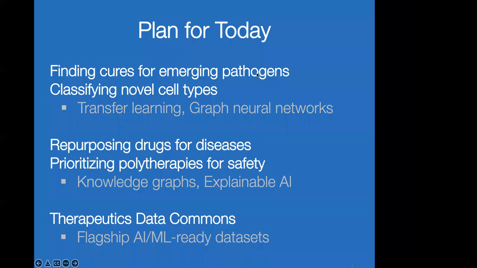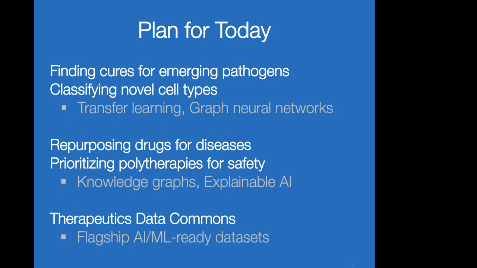The plan for today is to cover three broad topics. First, I will talk about the advances in transfer learning and graph neural networks and what those advances have enabled us to tackle: two exciting problems. One is finding cures for emerging pathogens that we have never seen before, and the other is classifying novel cell types in large single-cell data sets.